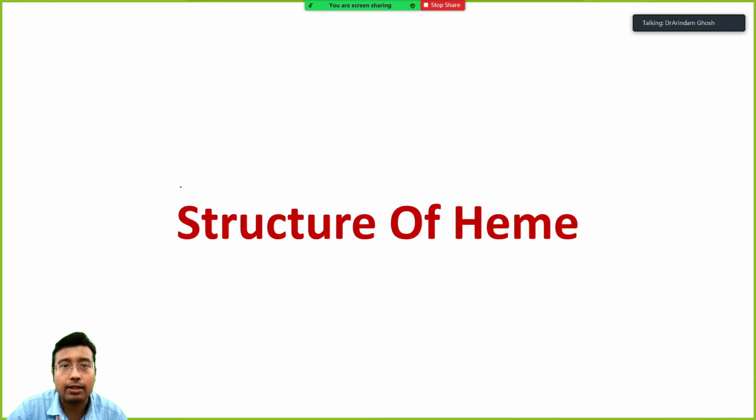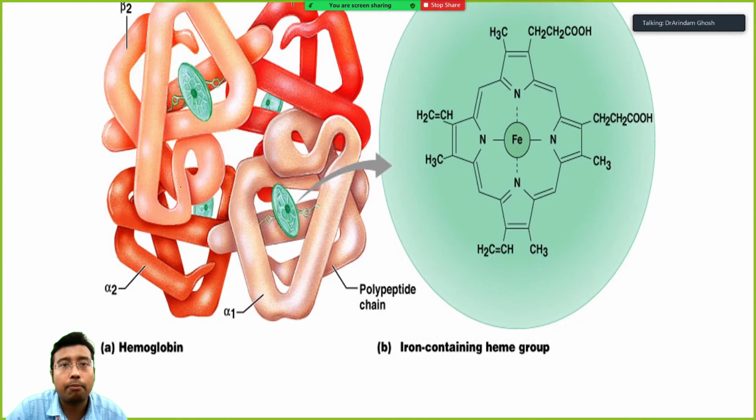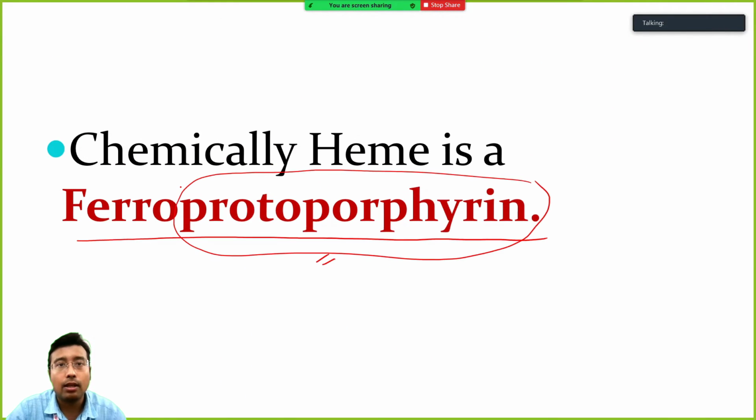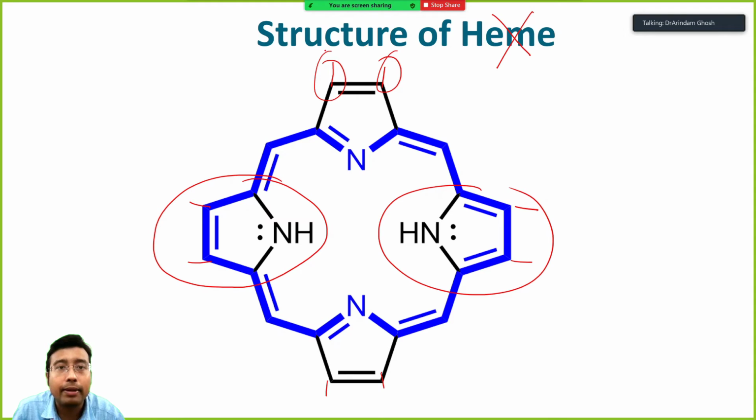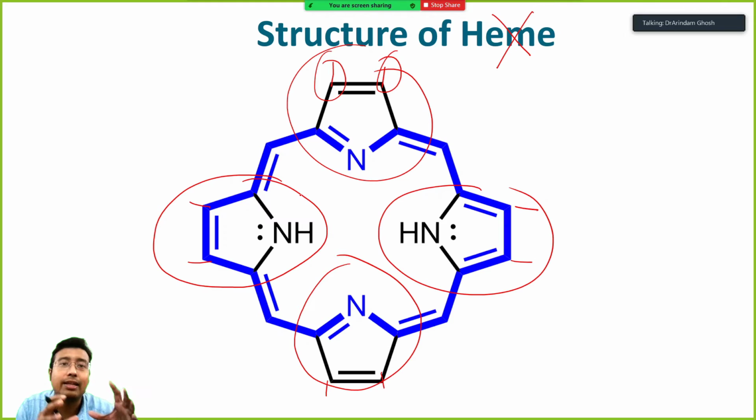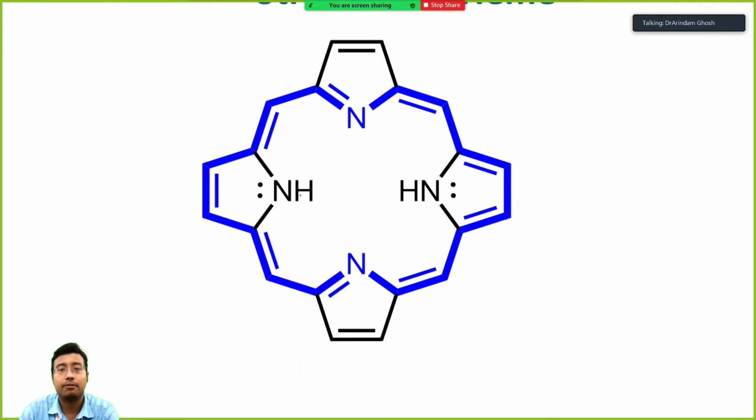This is one pyrrole ring. The whole thing is the porphyrin ring, and a single one is a pyrrole. So 4 pyrroles make a tetrapyrrole ring. This whole thing is porphyrin or protoporphyrin, and if we add one iron it becomes ferroprotoporphyrin. So all things are related.